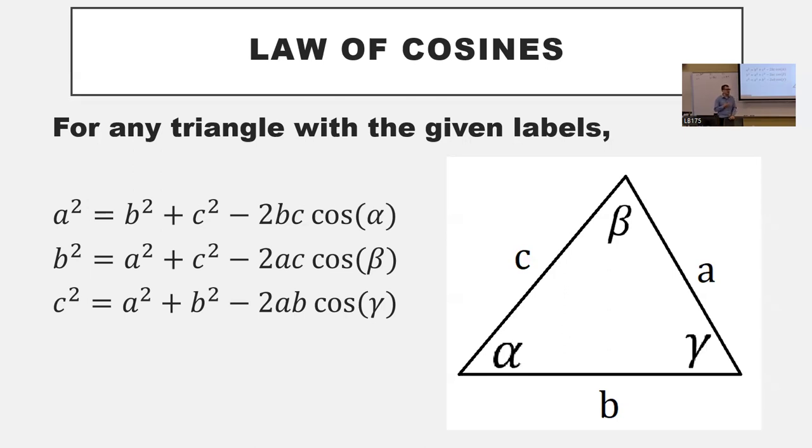If we can use law of sines, it's an easier tool to use. So I use this as sparingly as I can. And I'm going to use it to find either one side or one angle, depending on the scenario. And then I'll use my other tools to find everything else.